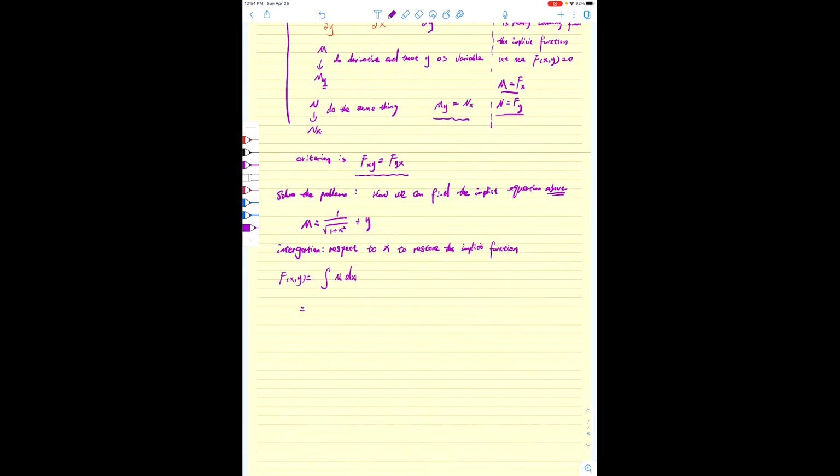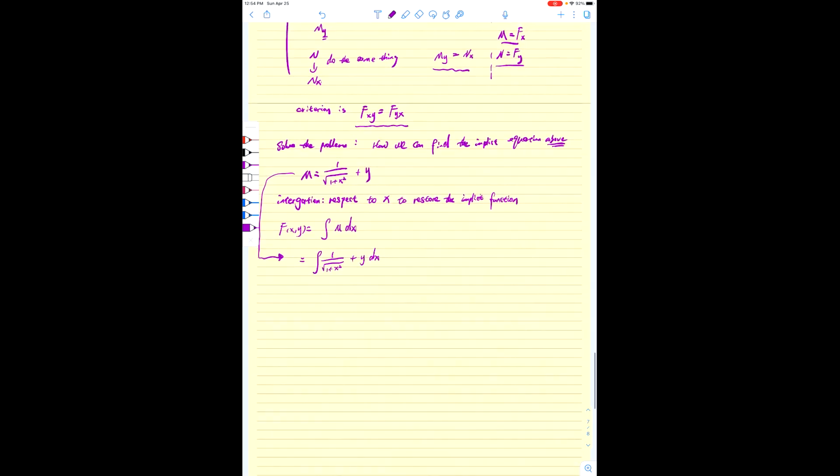Then we're going to put this into the equation, plus the integral dx, which is this.